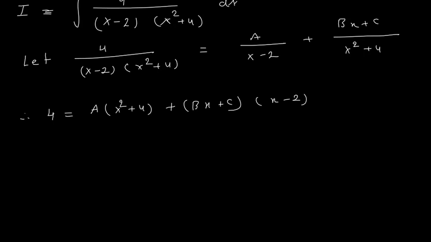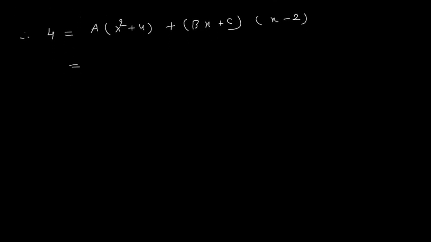Now let us see how I solve this right hand side. Here first I will write all the terms which have the x square term. So ax square is here and bx square is here, so a plus b is the coefficient of x square. Then let us see terms related to x. When bx is multiplied by minus 2, I have minus 2b, and when c is multiplied by x, this is plus c.